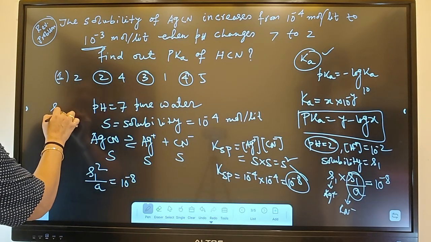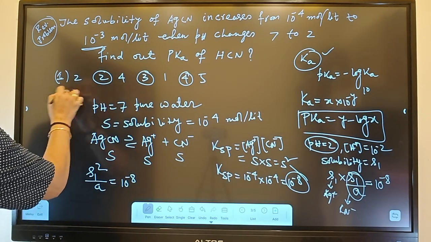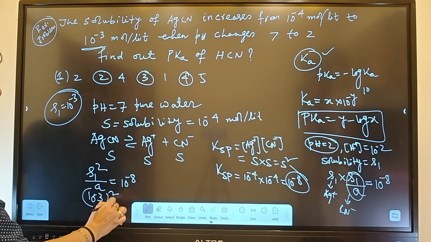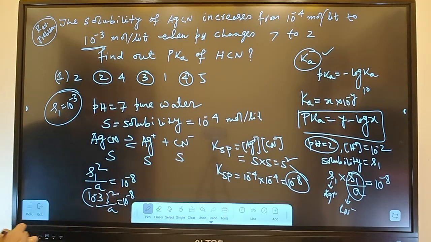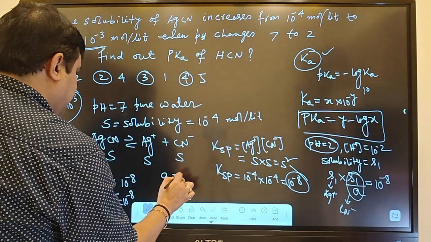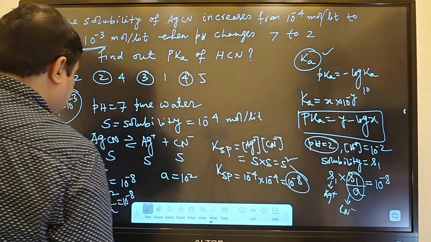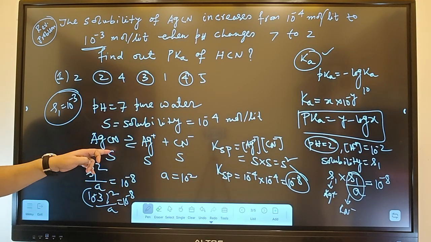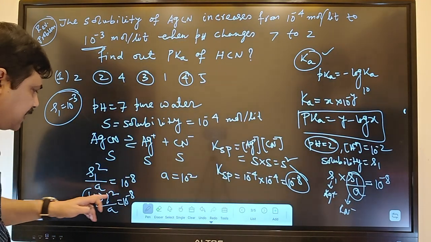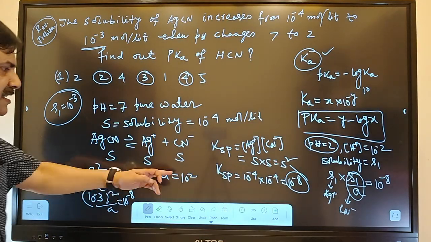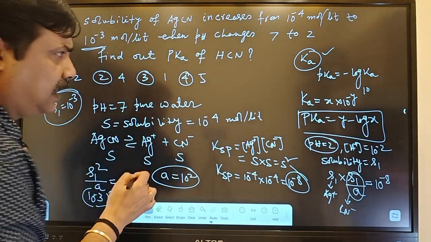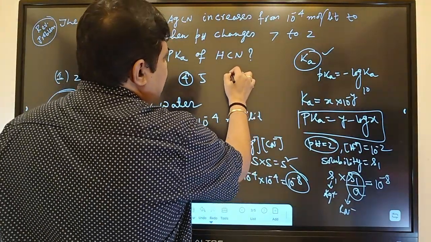So 10 power of minus 3 whole square by A equals 10 power of minus 8. Then A will be equal to 10 power of 2, because the numerator is 10 power of minus 6 and the denominator is 10 power of minus 8. If you take it up, it will be 10 power of plus 8 and 10 power of minus 6, which is nothing but this.